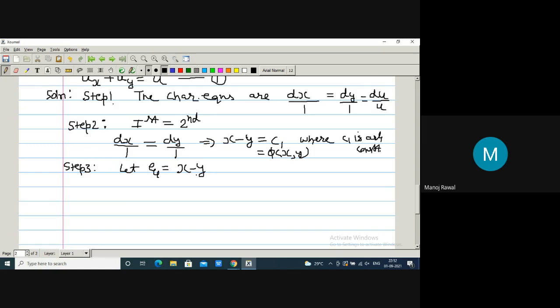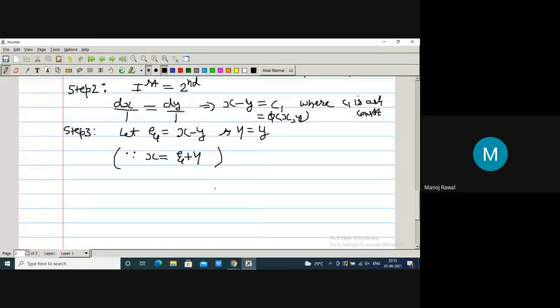If I take xi is equal to x minus y, then I have no choice, I will take eta is equal to y. And then what will be x and y? If you solve, x is going to be xi plus eta, because y is given as eta. Is that fine, students? Yes, sir. Because we have given y as eta, x will become xi plus eta.